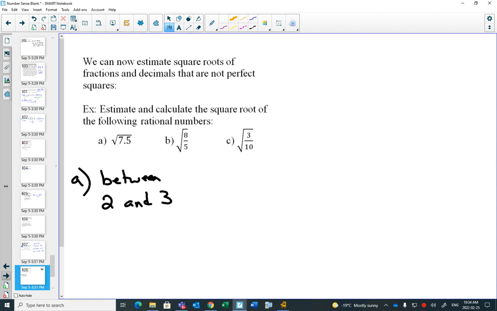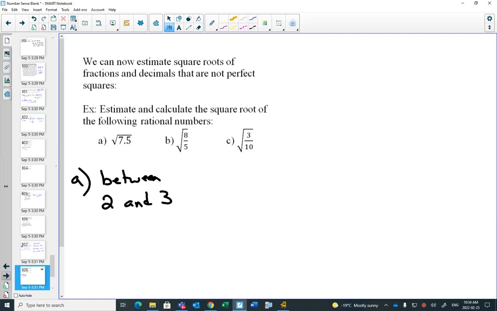Now, if you estimated it, you might go, oh, I think 7.5 is closer to 9 than it is to 4, so my estimate's going to be 2.7, maybe something like that, right? Then check it with your calculator.